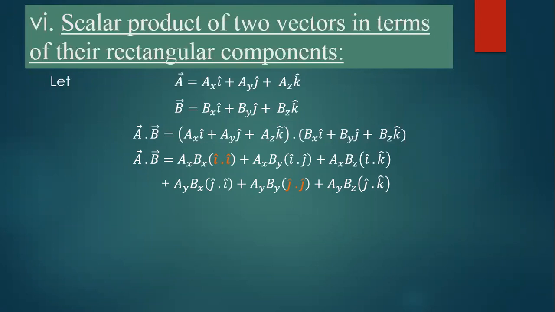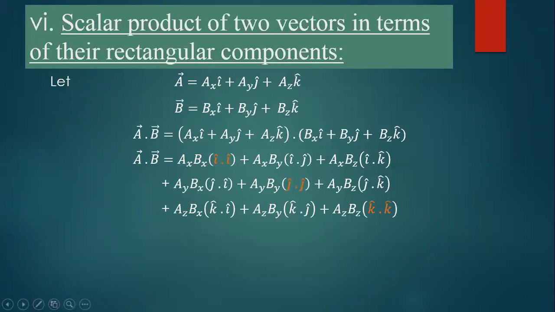AY into BX J dot I plus AY into BY J dot J plus AY into BZ J dot K. Now it's the turn of the z component of vector A. So AZ BX K dot I plus AZ BY K dot J and AZ BZ K dot K.